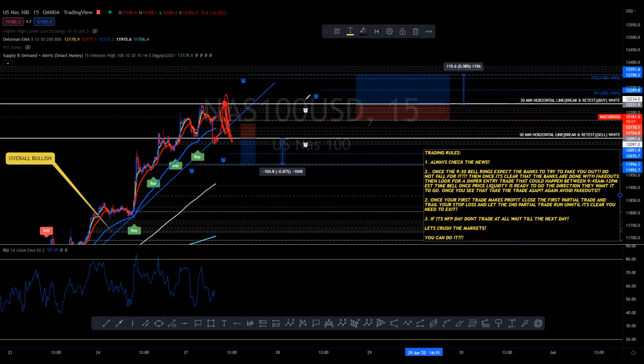So that's something they're going to do when the market opens up at 9:30. They're going to try to stomp everybody out and then do their true move. So that's my rule of thumb: wait until the 9:45 bell at the earliest to see when price is going to truly go that direction.